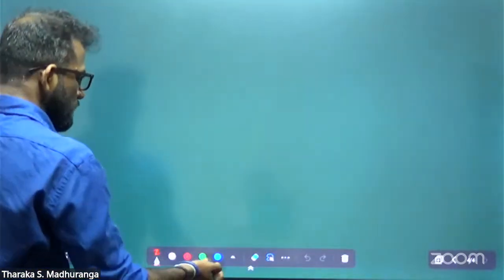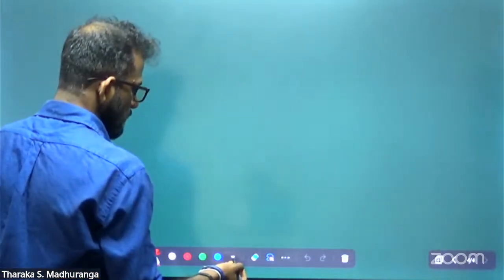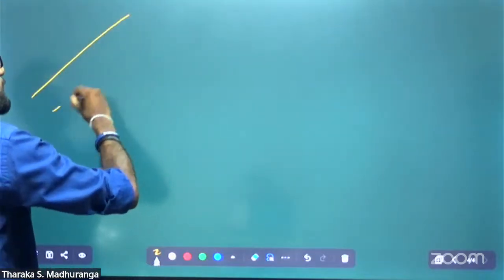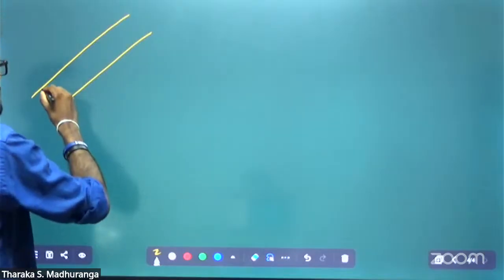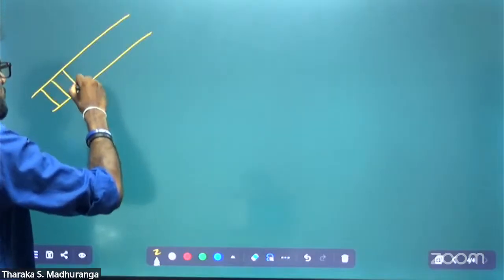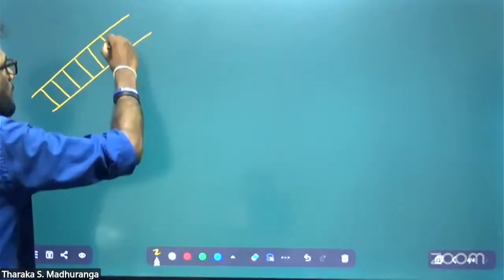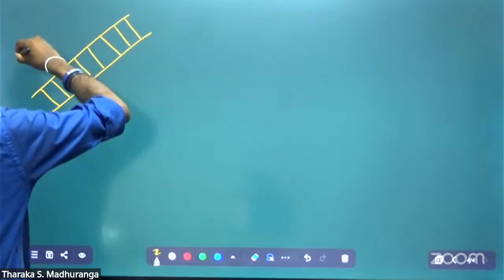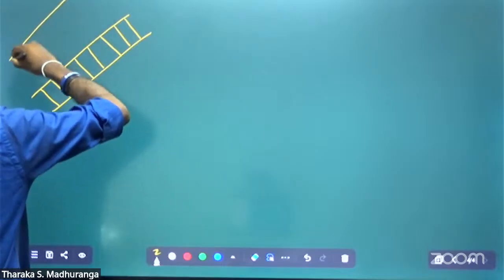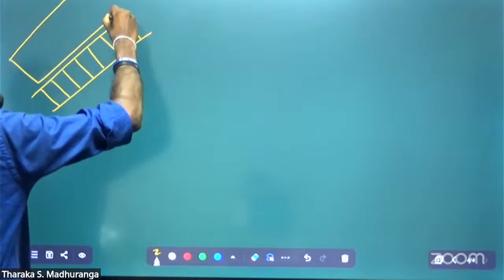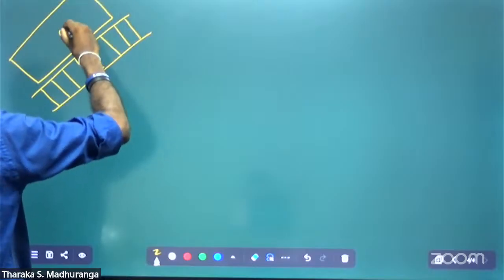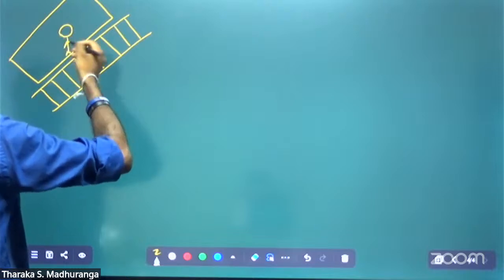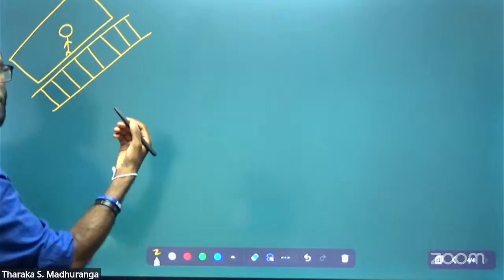Okay, this is the question. Think this is the railway, and the person is there on the stage, facing the railway direction.